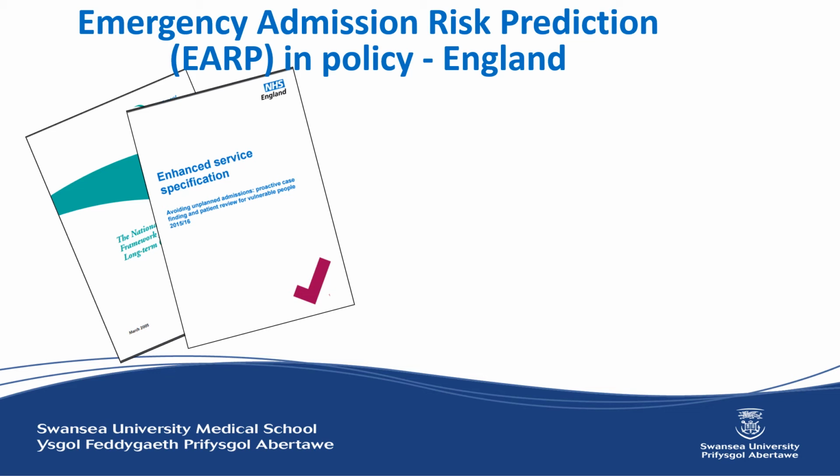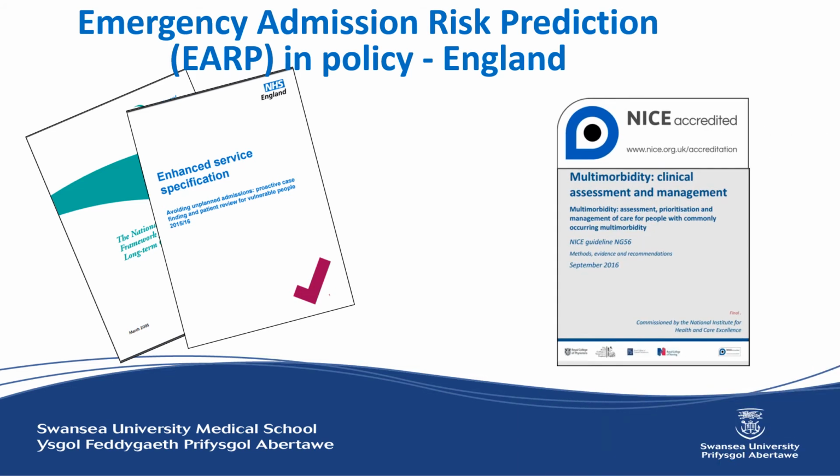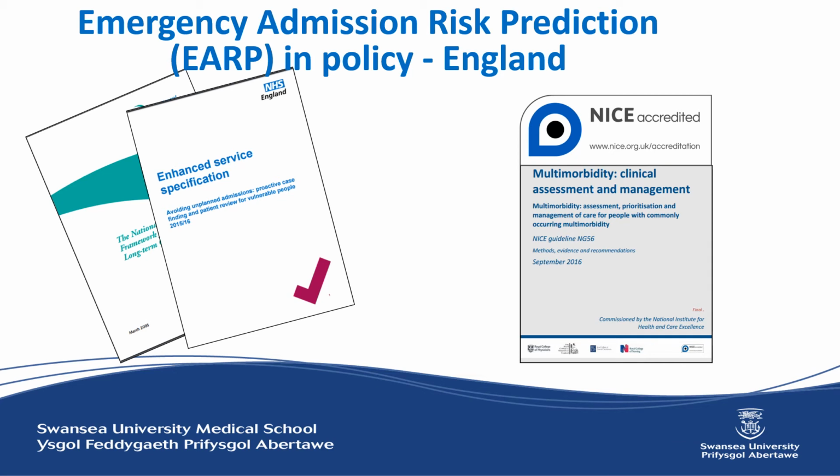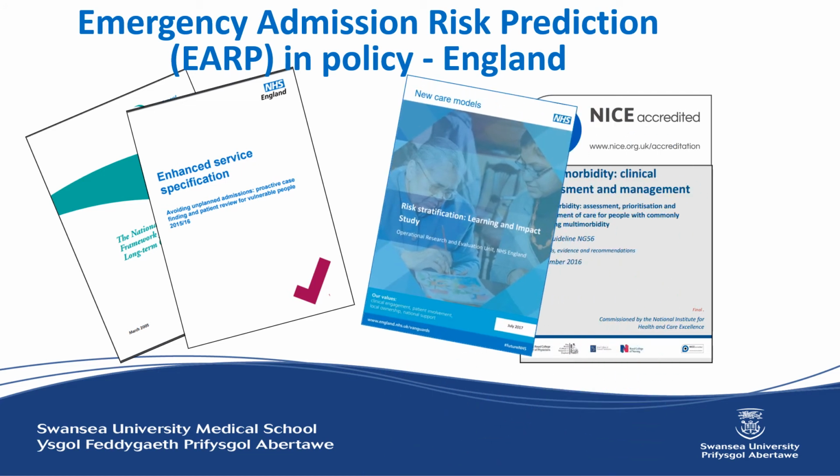That ran for a couple of years. It was discontinued in 2017, but in the meantime, quite a lot of money was spent on paying GPs to use such tools. What else? We've got within NICE guidelines, the one on multimorbidity mentions this as good practice, something to be encouraged. There was a lot of work through the Vanguards programme, local developmental work in terms of primary care across England, with promotion of risk stratification in that.